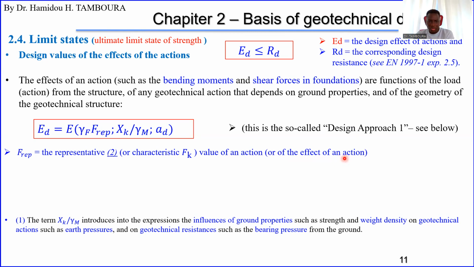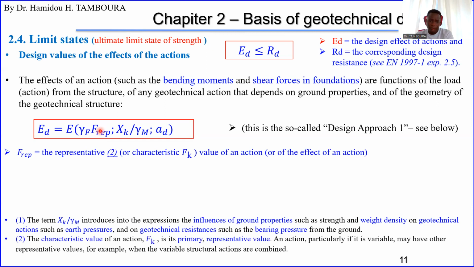Okay, F is the action or representative action. It means you have two choices. You can use F rep or F k, and the characteristic value of any action means this one. In case the characteristic value is the primary representative value.